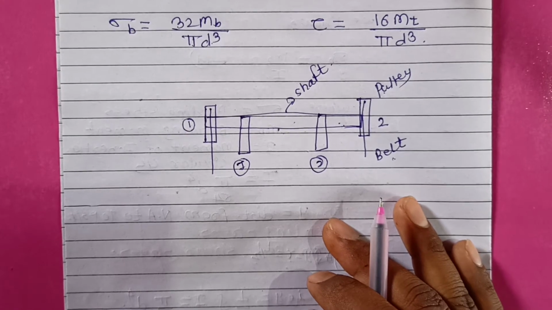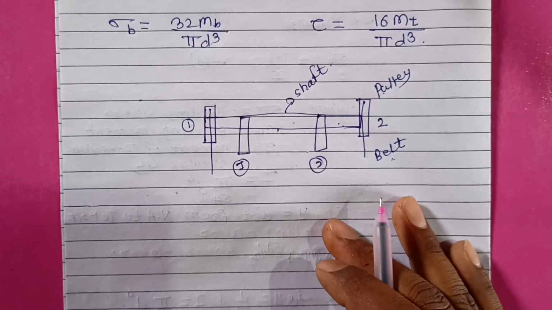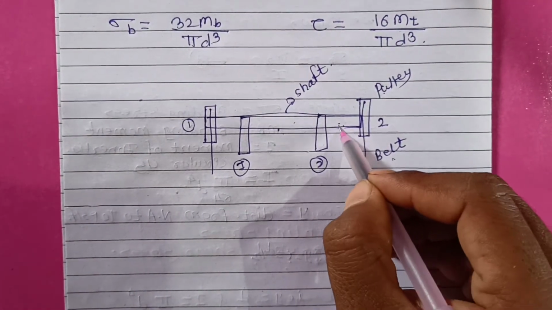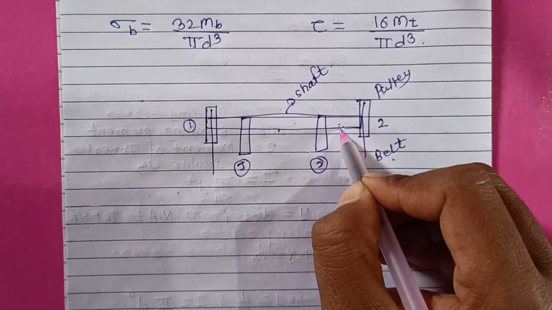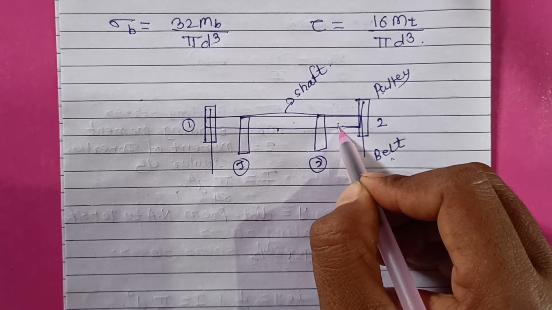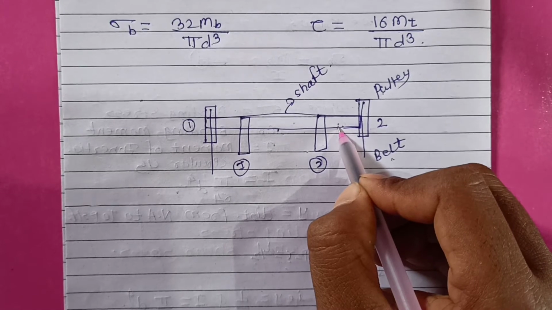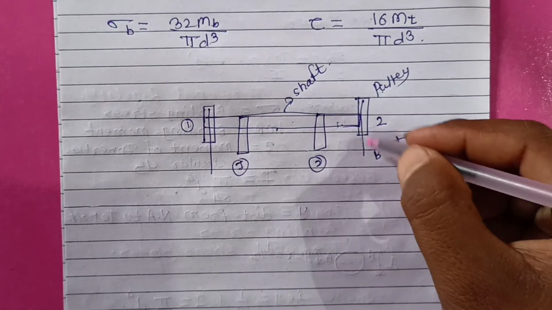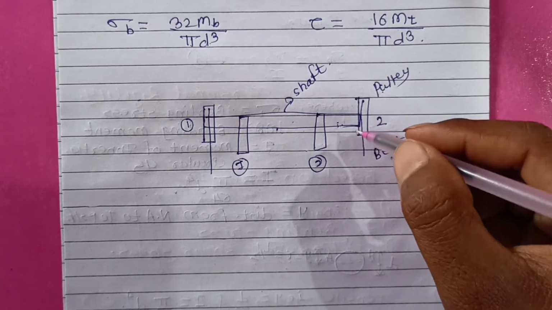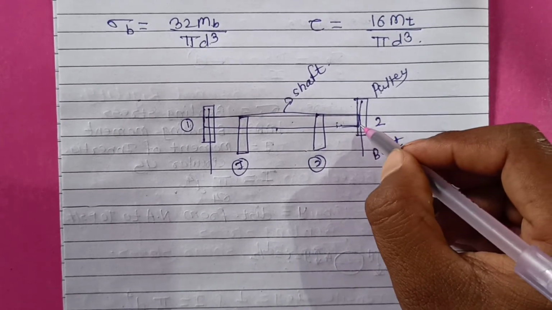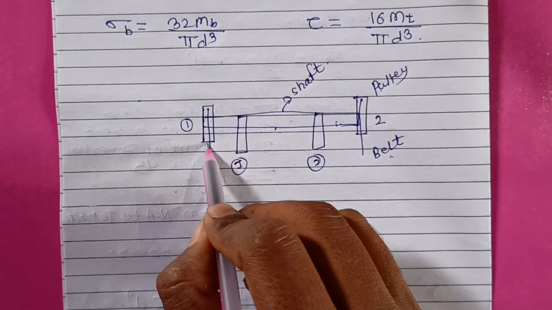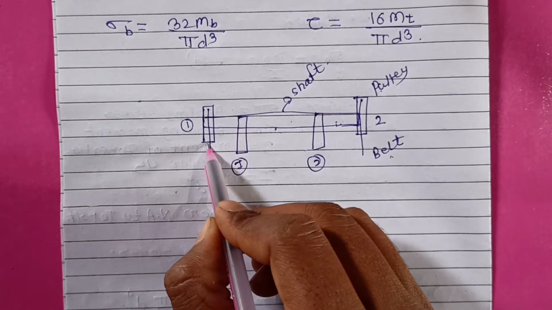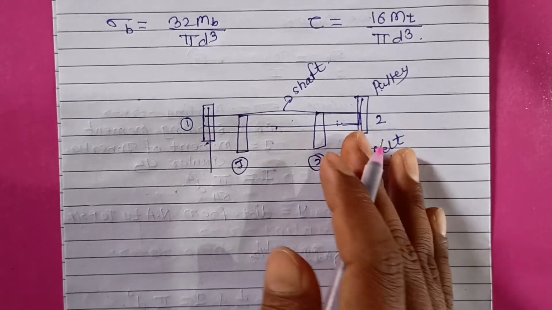Now understand one concept here: under working condition the shaft rotates, and due to the rotation of the shaft a torsional or twisting moment acts on the shaft at the time of rotation. And due to the pulleys the bending moment acts on the shaft.